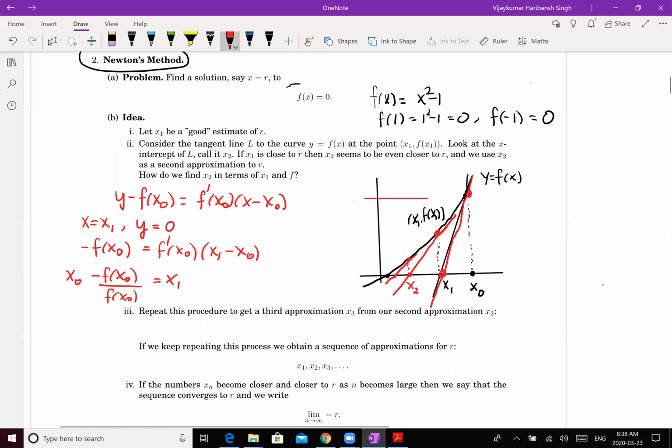Similarly, you can repeat this process. You can get x2 from x1 in exactly the same way, drawing the tangent line and seeing where it cuts the x-axis. So the formula is going to be exactly the same.